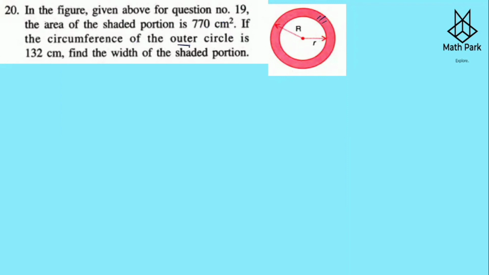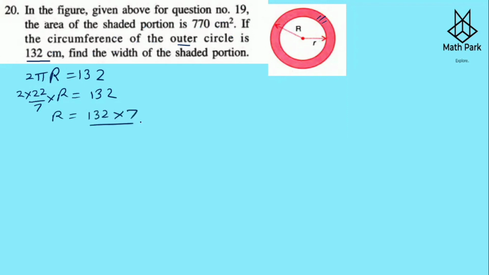In the given figure, you are given the area of the shaded portion is 770, and the circumference of the outer circle is 132. So circumference of the outer circle, that is 2 pi r, is equal to 132. So 2 times 22 by 7 into r is equal to 132. So you get r is equal to 132 into 7 upon 2 times 22.